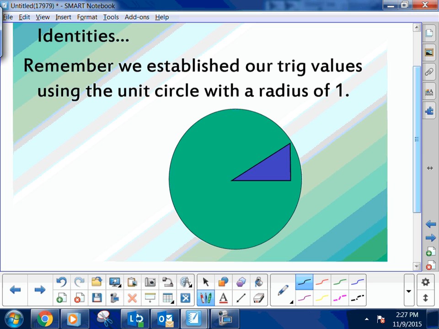You don't have to write everything above, but draw the unit circle with the triangle that you see there. Please do that.